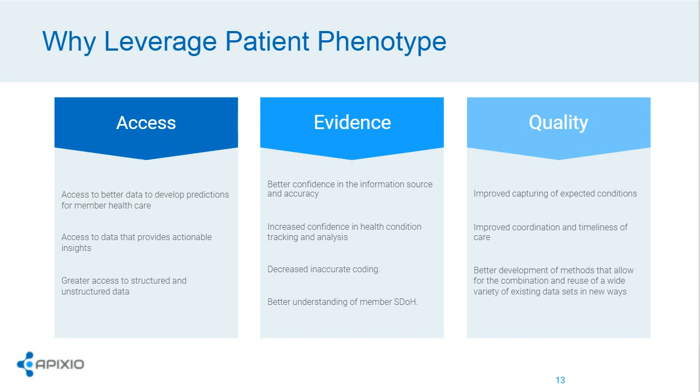Patient phenotype gives the user access to a much richer set of information, insights, if you will, into what makes that individual's condition unique. It really doesn't roll it up. It doesn't look at it in a much broader sense. It looks at it on an individual basis. The predictions, if you want to call them predictions, really the insight is member specific. So it gives a much richer understanding of that information.